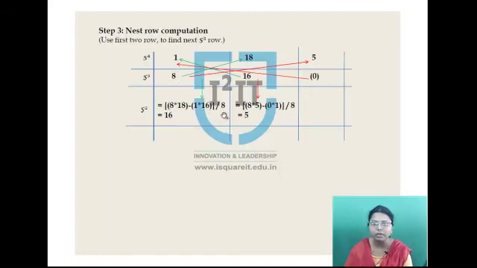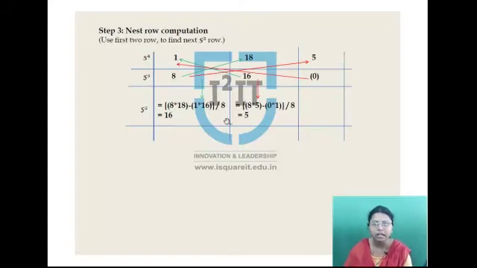So if you calculate 8 into 16 minus 1 into 16 divided by 8, it comes out to be 16. This is how the first element of the s² row is calculated.